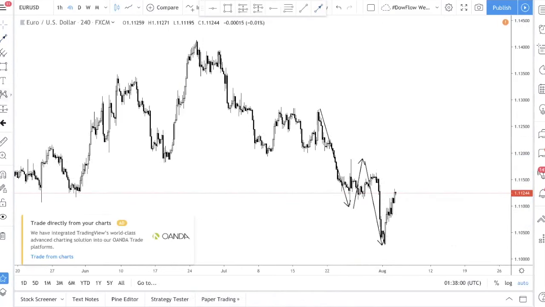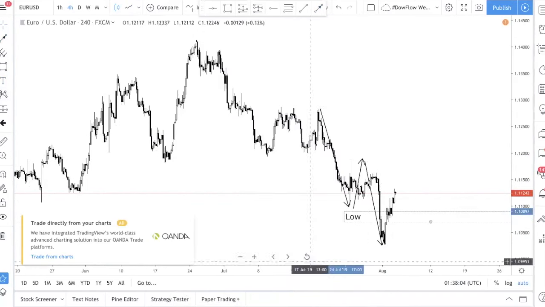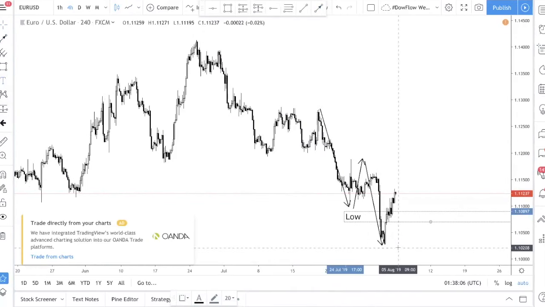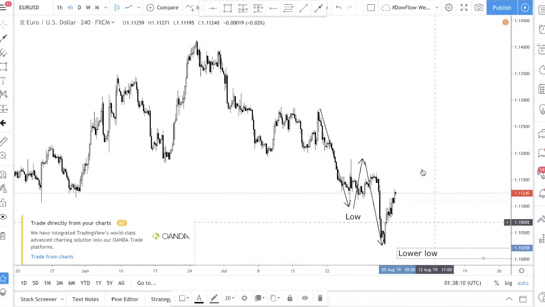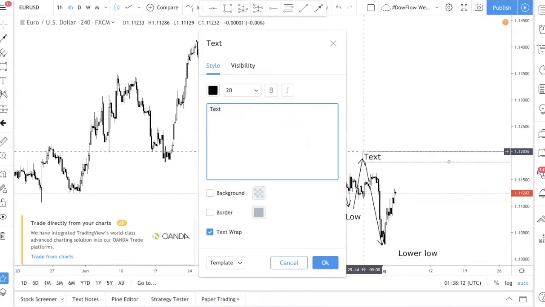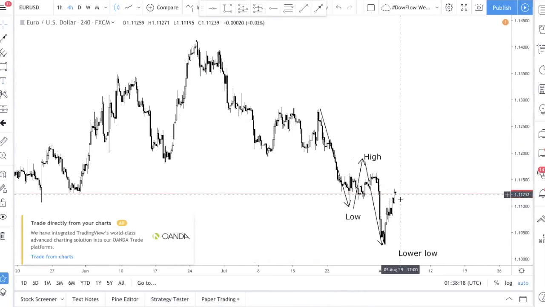So what is this? Let's just label it. This is a low, and this is a lower low. So it sounds simple enough, but this is very crucial. So the question right now is, will we make a lower high over here?